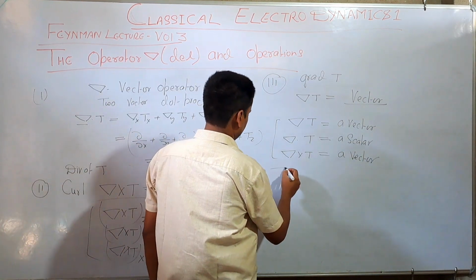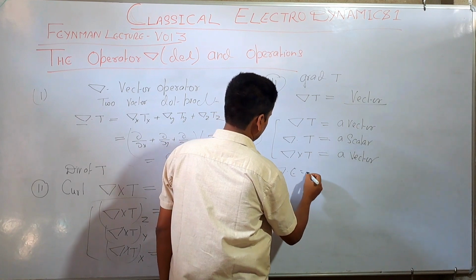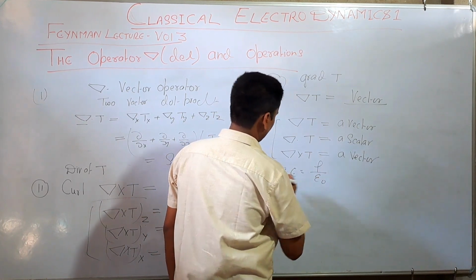Like the first equation is del dot E is charge density divided by epsilon naught.